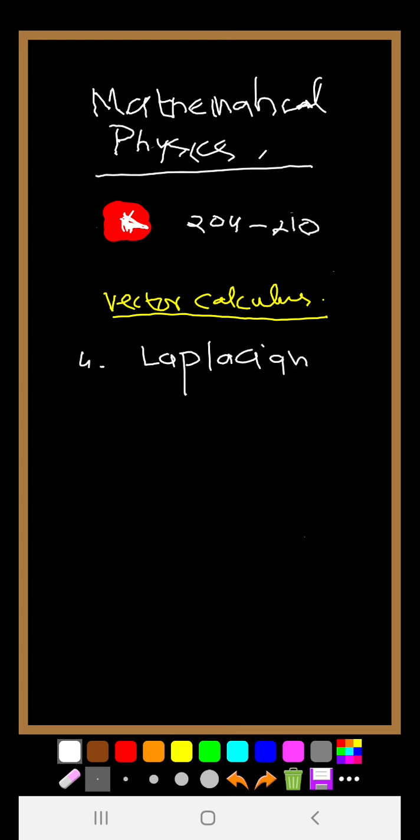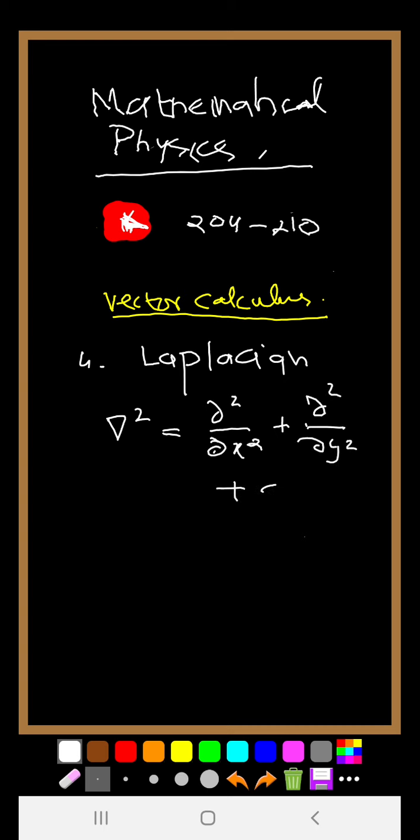Laplacian is basically del square. So it becomes del square by del x square plus del square by del y square plus del square by del z square.